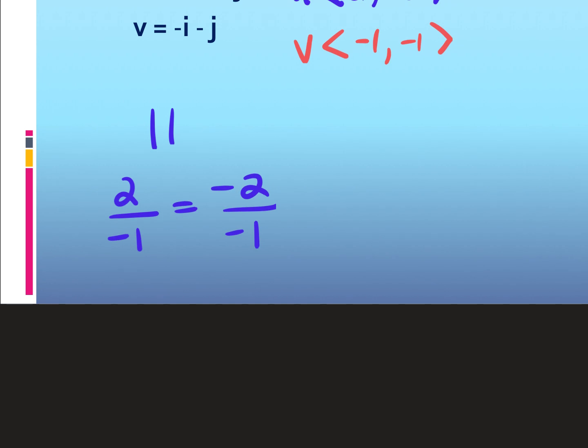Simplify this. What is 2 divided by negative 1? It's negative 2. What's negative 2 divided by negative 1? 2. Does negative 2 equal positive 2? No. So are these parallel? No, they're not parallel. That's how you prove that.